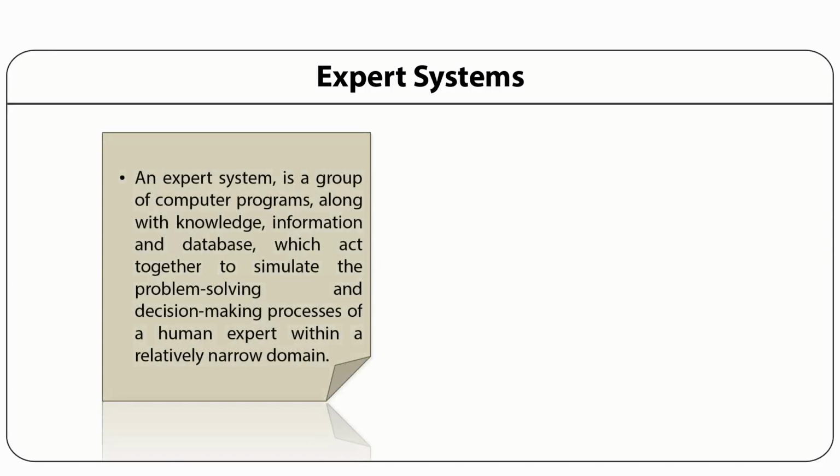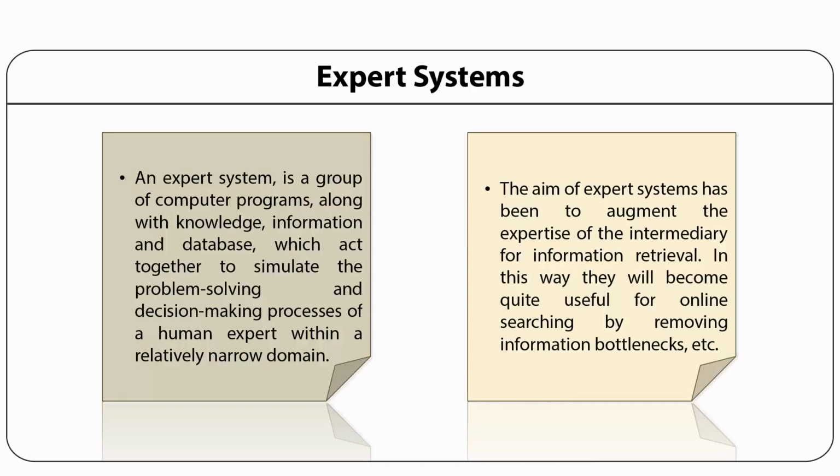An expert system is a group of computer programs along with knowledge, information, and database which act together to simulate the problem-solving and decision-making processes of a human expert within a relatively narrow domain. The aim of expert system has been to augment the expertise of the intermediary of information retrieval. In this way, they will become quite useful for online searching by removing information bottlenecks, etc.